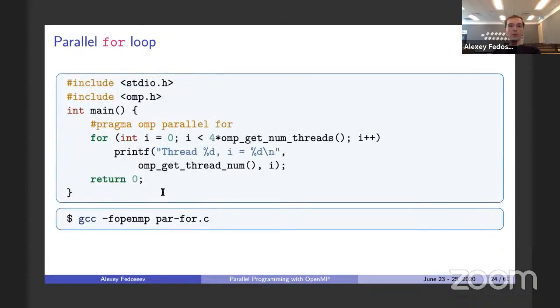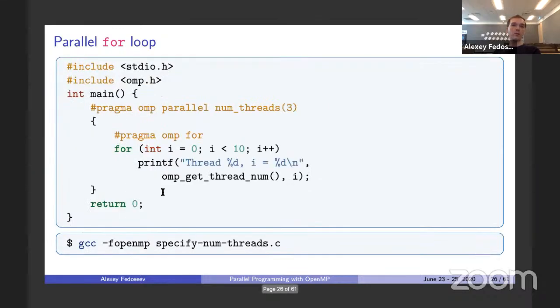As you can see, it didn't require us to do a lot. If you have a for loop and you know that the operations inside of it are independent, meaning you're not writing in the same variable, you can just put pragma omp parallel for in front of it, and you get a fully parallelized for loop. A very convenient way of doing that. But sometimes you might want to perform some other instructions in parallel before or after your for loop.